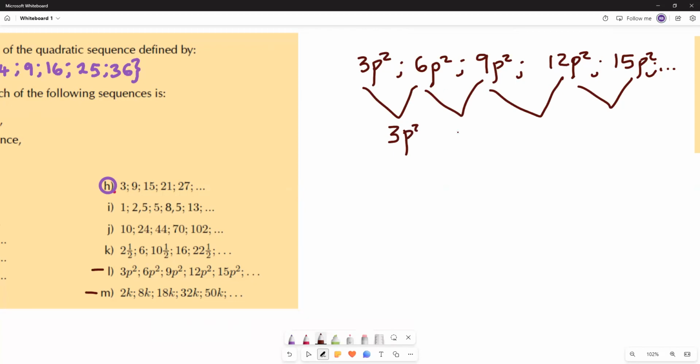This minus that gives you 3p squared again, this minus that gives you 3p squared, and then 3p squared. So you can see that this pattern is a linear pattern because there's a constant first difference. You always write those things down, but to save time, I wrote them for the first two. So you will always use those reasons, right? So that was our L.